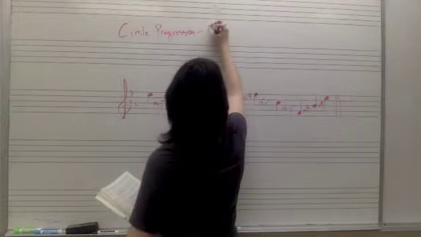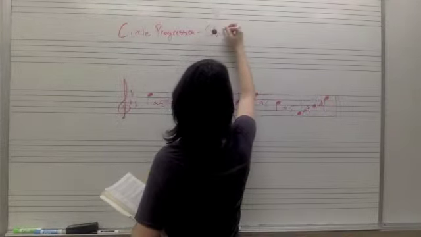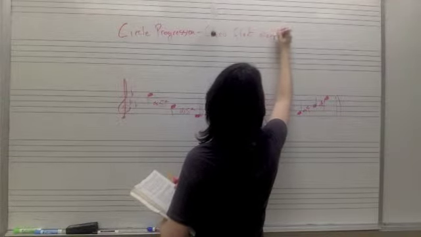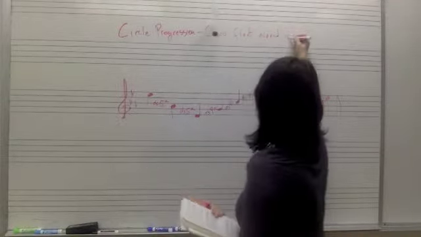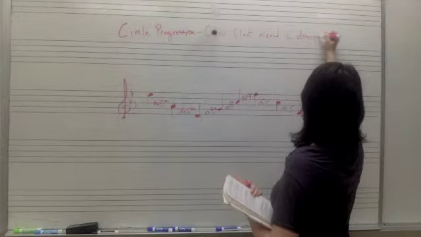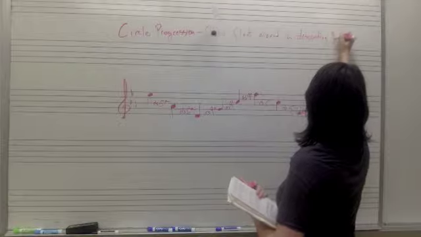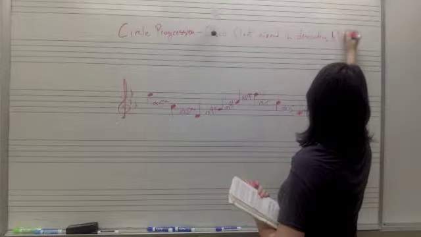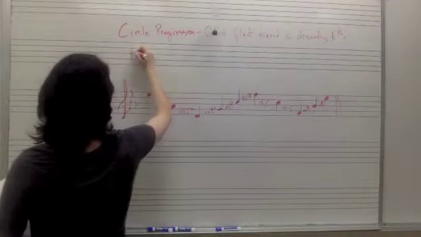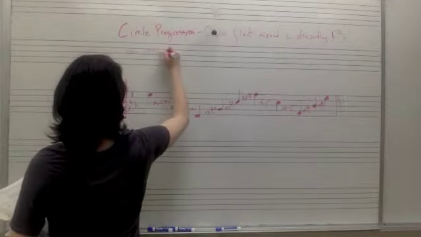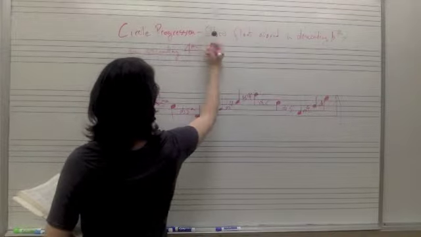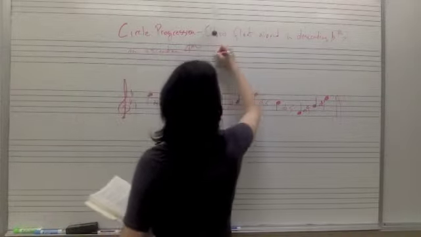Basically chords float around in descending fifths and ascending fourths until we come back to tonic.